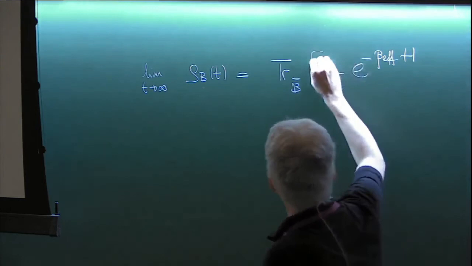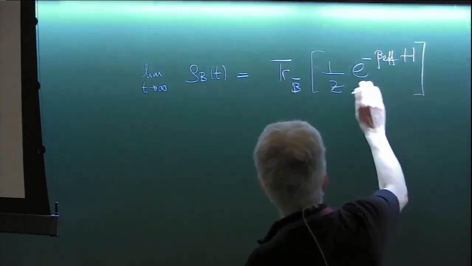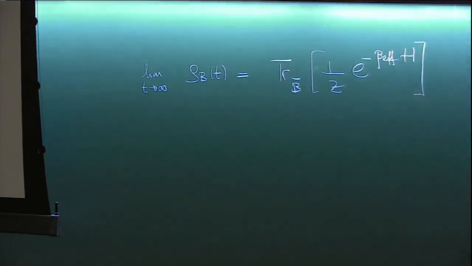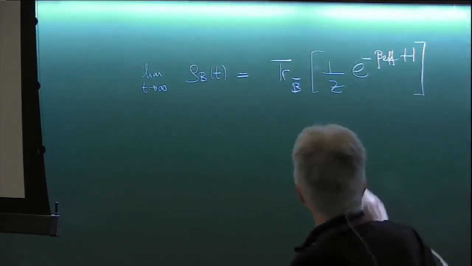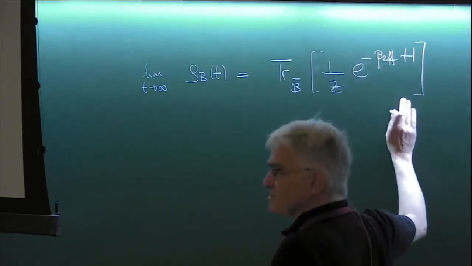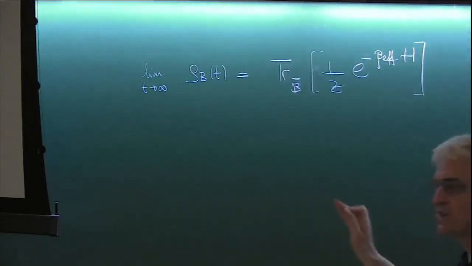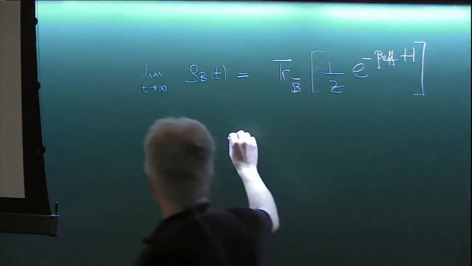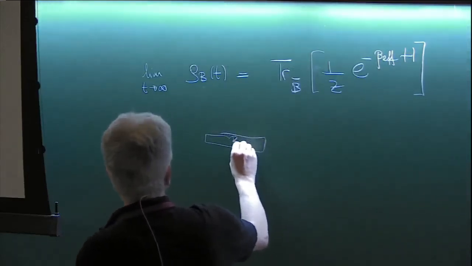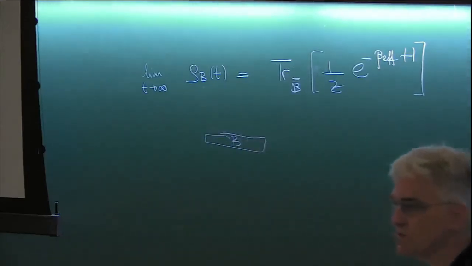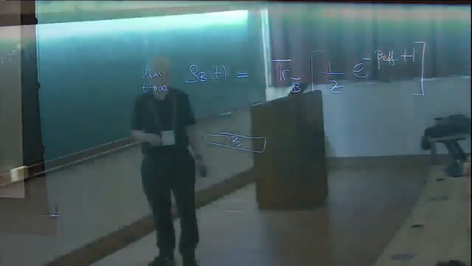Okay, so now the question is, let's look at this density matrix. I have a Gibbs density matrix, and I'm supposed to trace out the degrees of freedom outside my subsystem. So here I have my subsystem B, and I trace out these degrees of freedom. But importantly, in my steady state, I have a finite correlation length.